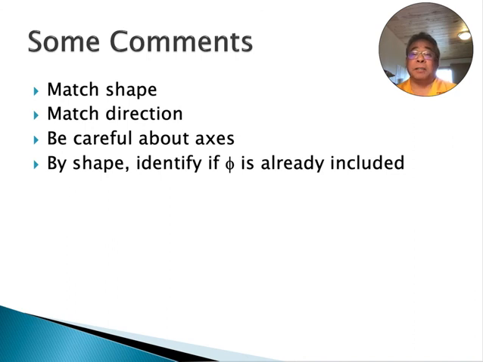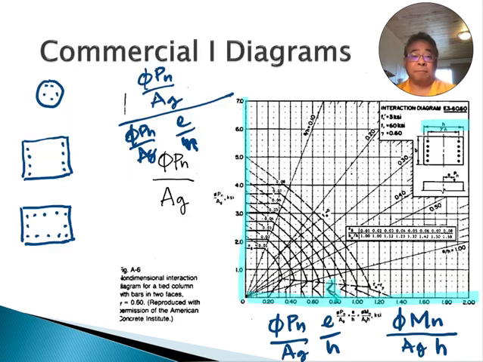Also match the direction. In these columns, the moment is going about the neutral axis in the direction shown right there. So the moment is going this way on that picture.